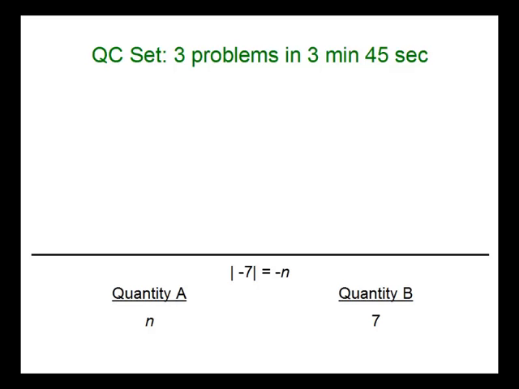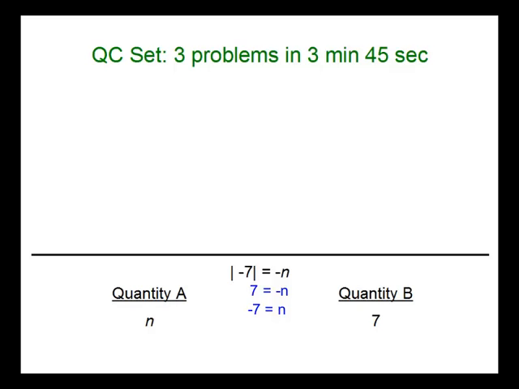Third problem in that set has absolute value bars. So remember what these do. They turn whatever's inside positive. If this had been a +7 inside the absolute value bars, they'd basically do nothing because 7 would already be positive. But with a -7 in there, it just turns it into +7.